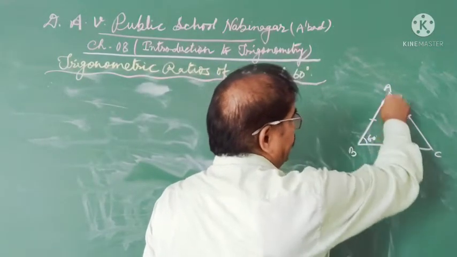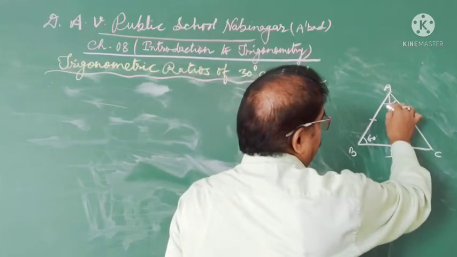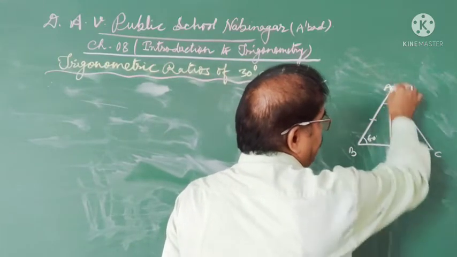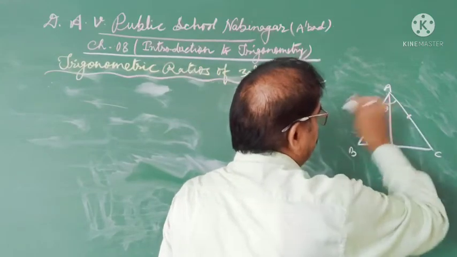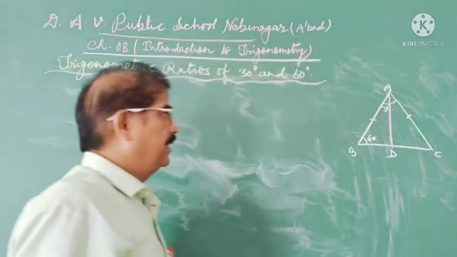And AD bisects angle A, that means angle BAD equal to half of 60 degree, that is 30 degree.